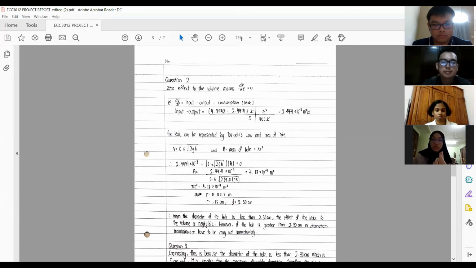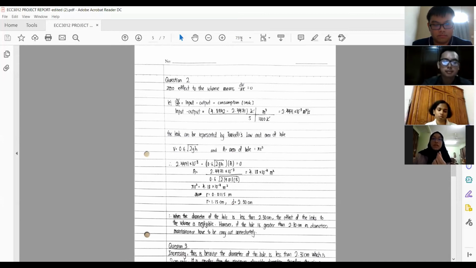From the area value, we use pi r square to get the radius of the hole, and then we got 0.0115 meter, which is 1.15 centimeter, and then we times 2 for the diameter, which is 2.30 centimeter.